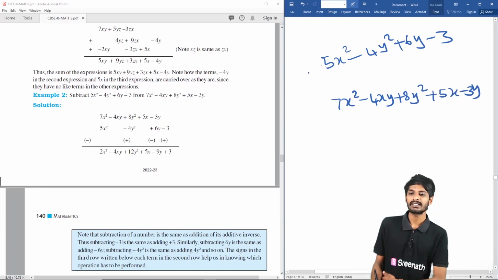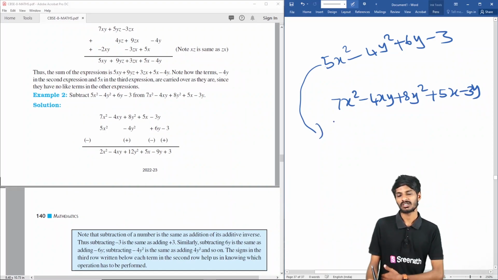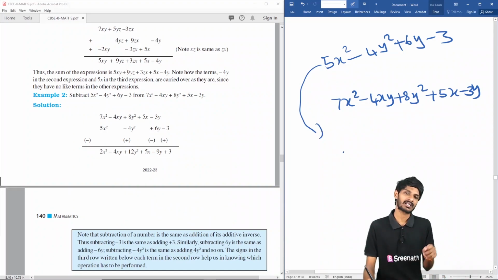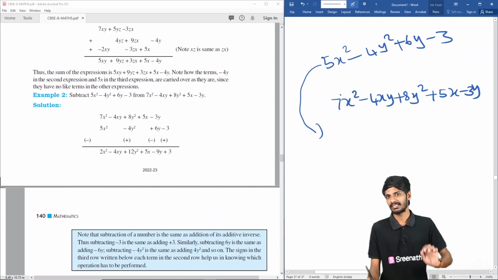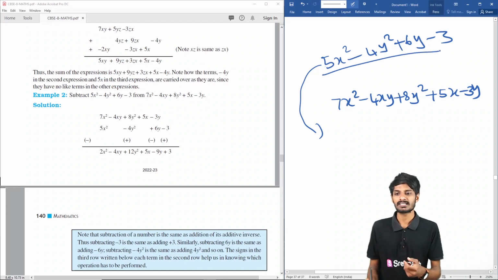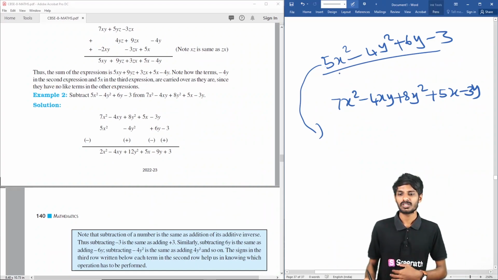We have to write this under that expression, placing like terms under like terms only. Here there is 7x square, and the like term in this expression is 5x square. And what is the like term for 4xy in the second expression? There is no like term.